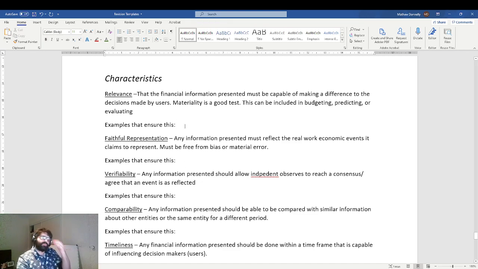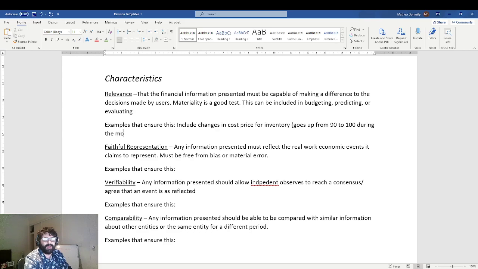What ensures that is including changes in cost price for inventory. So for example, it goes up from 90 to 100 during the month. You could imply that instead of saying everything costs 90, that's material.